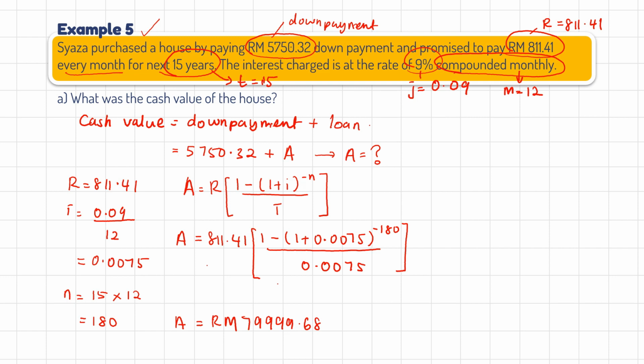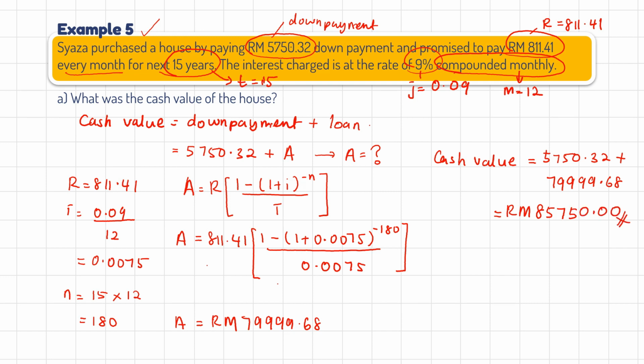How about the cash value? So the cash value of the house will be equal to 5,750.32 plus 79,999.68. So it will become RM85,750.